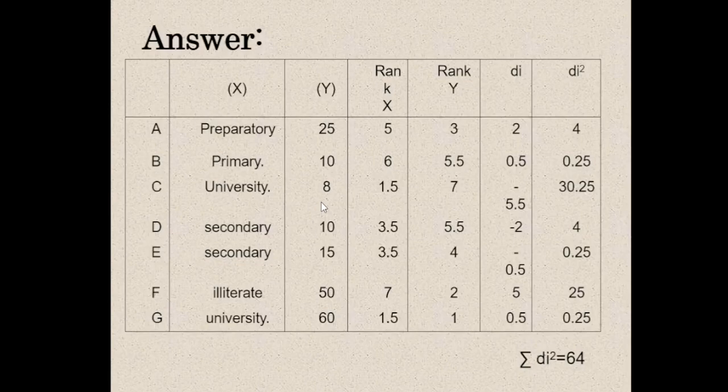Since two persons are holding the same position, the ranks involved are 1 and 2. So when you take the average, 1 plus 2 divided by 2, that comes to 1.5. So put this value 1.5 in both cases. What happens then?